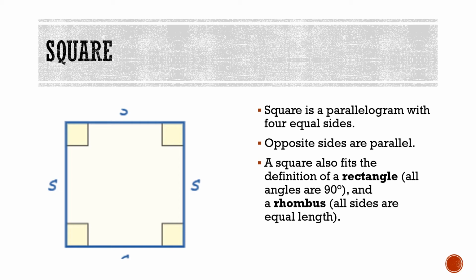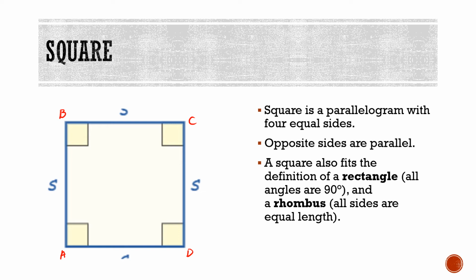So let's say that this is a square ABCD. The rhombus is actually a slanted square. That's why, again, there are properties of a rhombus that are visible in a square. But again, the difference is that the angles of a square are equal and all measure 90 degrees.